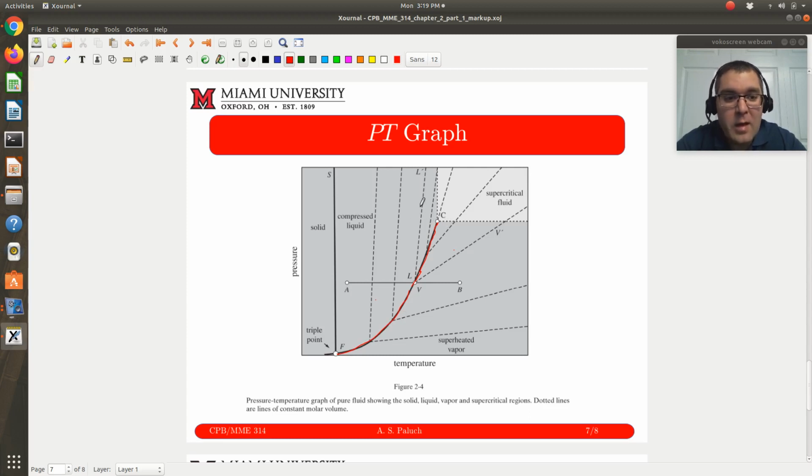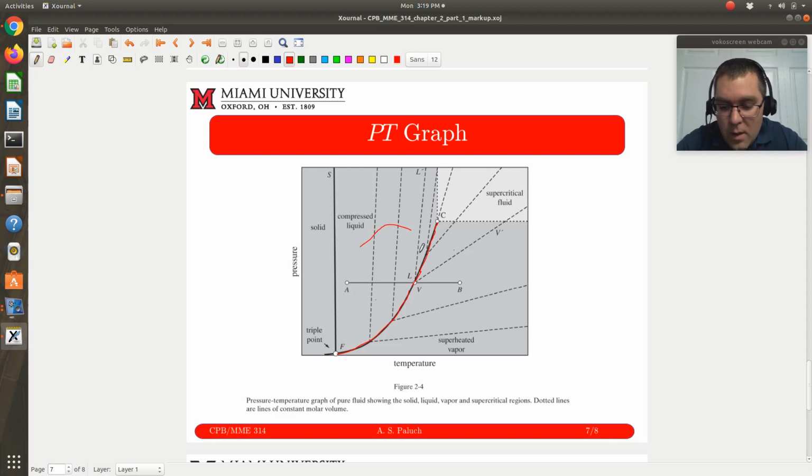Now, in our P versus V phase diagram, we drew isotherms. Here we're going to draw isochores. These dotted lines correspond to isochores, and those are lines of constant volume, molar volume or specific volume.